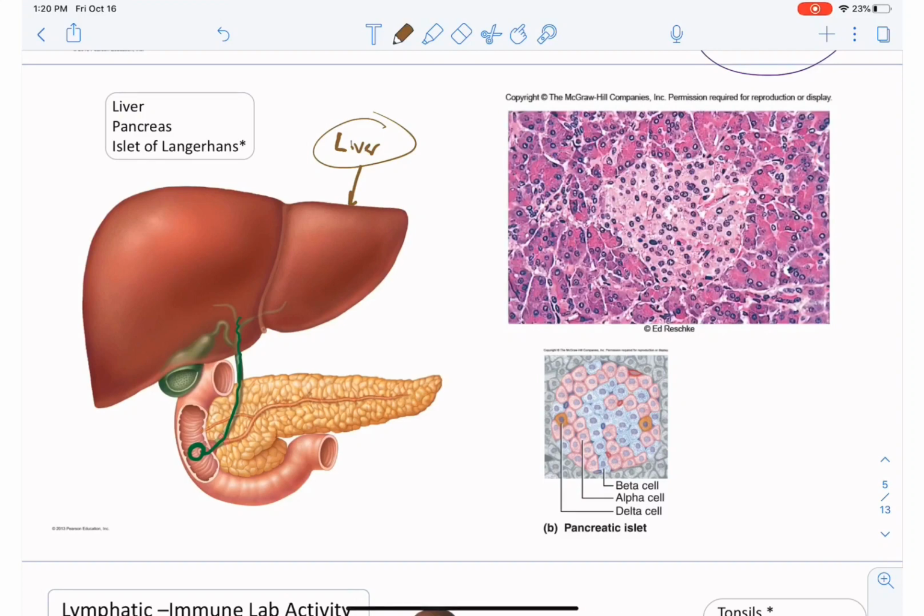And believe it or not, the liver is an endocrine organ. The liver is part of the hypothalamo-pituitary-hepatic axis.